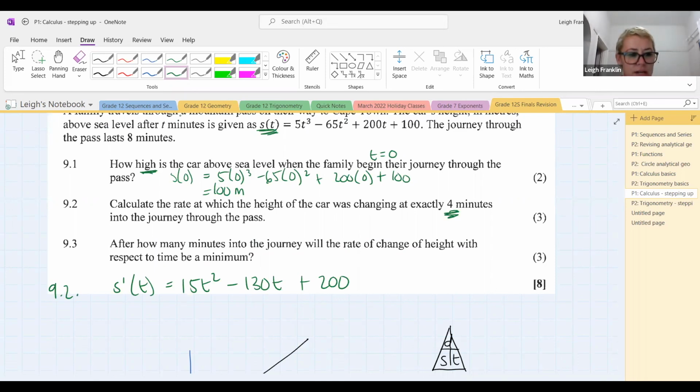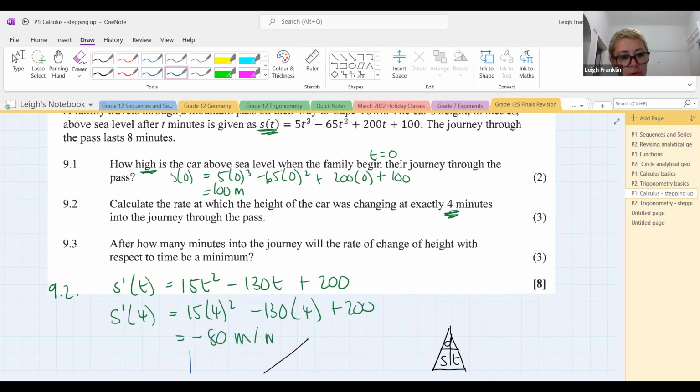So 4 minutes in. So S prime 4. Sub in our 4, and we end up with negative 80 meters per minute.